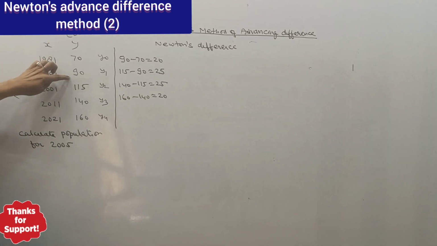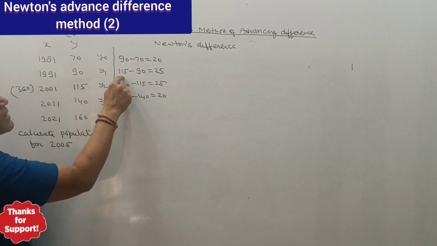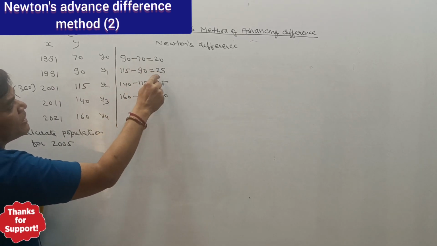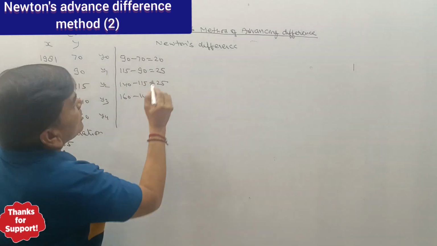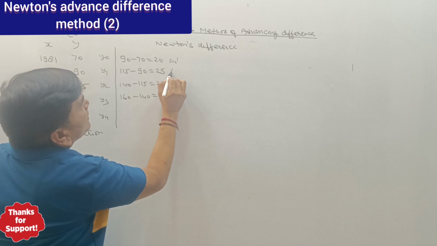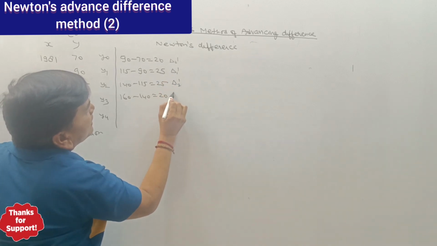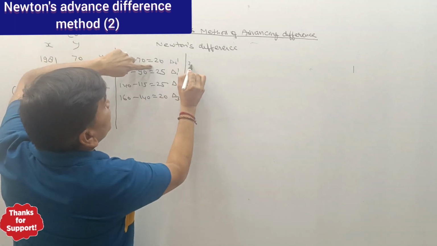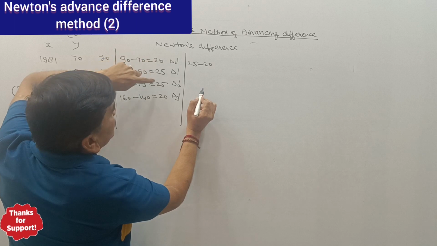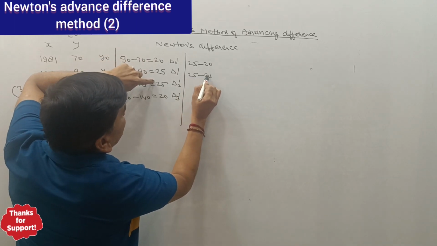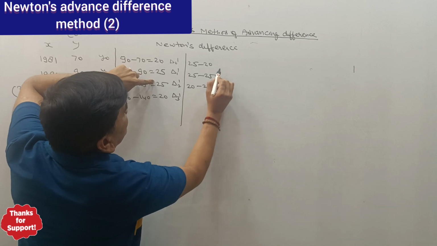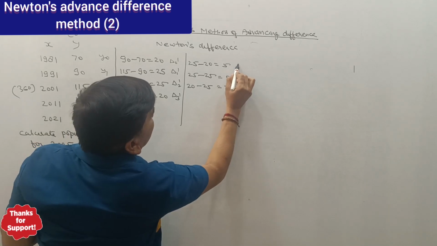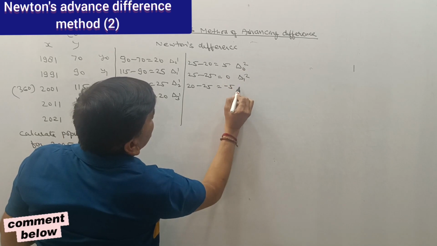So we get 20, 25, 25 and 20, that is delta y0, delta y1, delta y2, delta y3. Now again take differences: 25 minus 20 is 5, 25 minus 25 is 0, and 20 minus 25 is minus 5, that is delta squared y0, delta squared y1, delta squared y2.